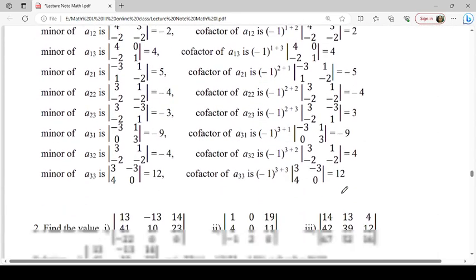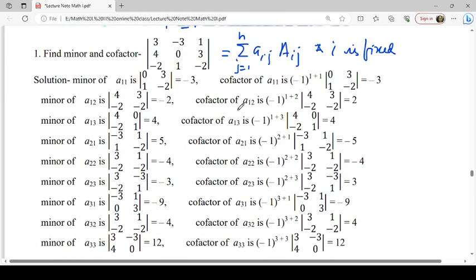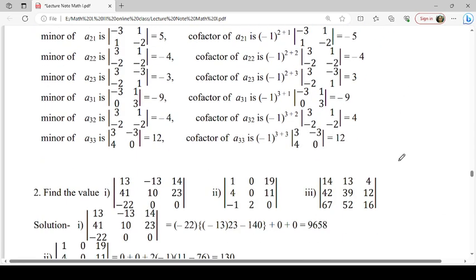Then, to find the value of this, here the third row has two elements that are 0. Because our definition is the summation of a_ij, where i is fixed, we keep 3 fixed.